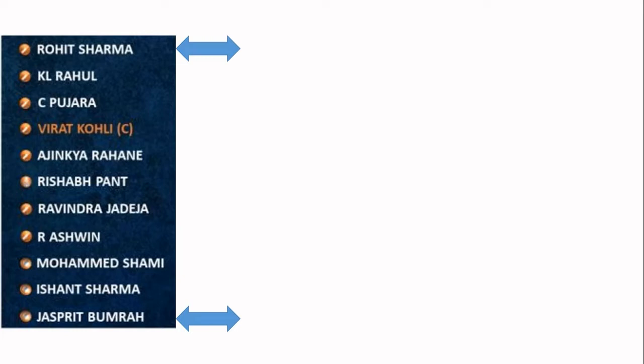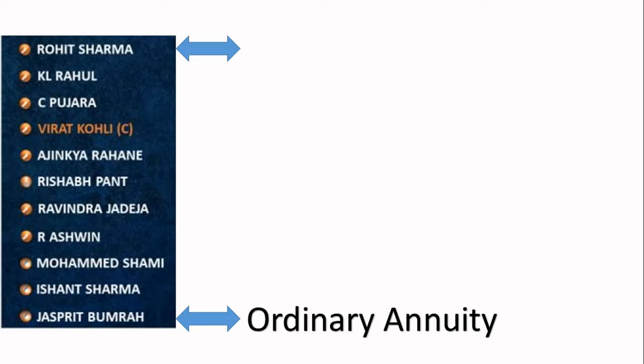So the batsmen who bat at the beginning are very good batsmen, and the players who come at the bottom are ordinary batsmen, right? So we can say that Jasprit Bumrah is ordinary annuity because he comes to bat last, and the batsman who comes to bat first is annuity due.